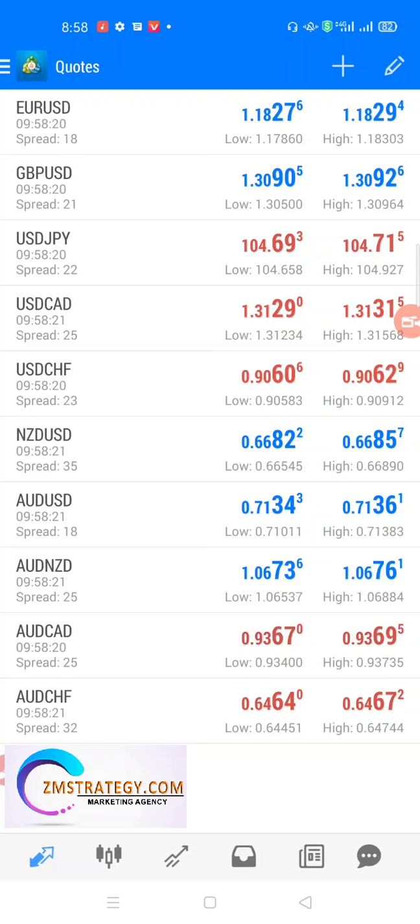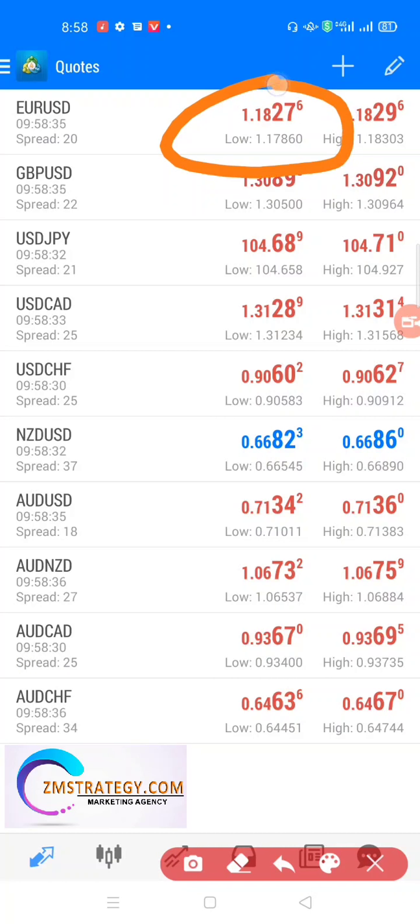Now, let me explain the EUR/USD. You can see we have 1.1827, and a 6 raised to the power at the top. We are going to ignore this raised 6 at the top.